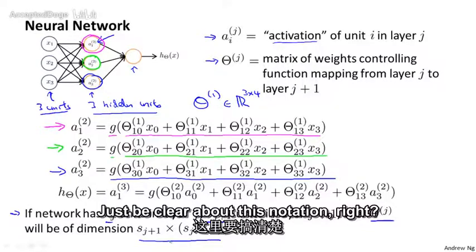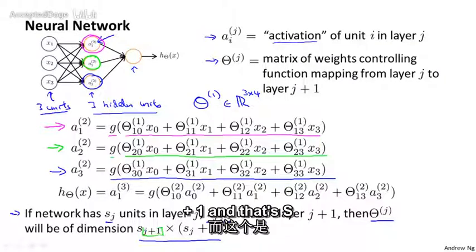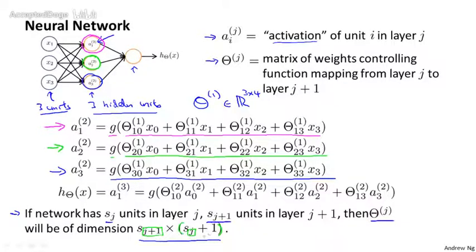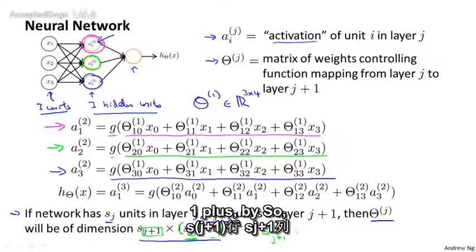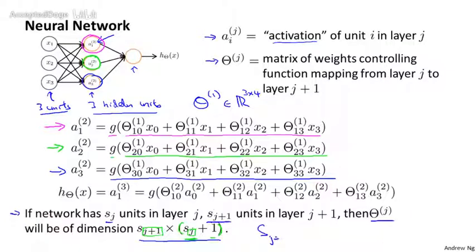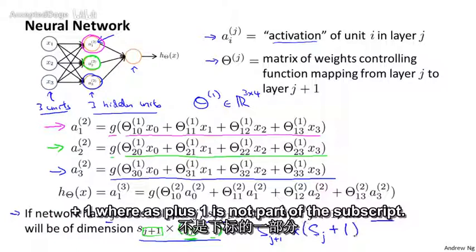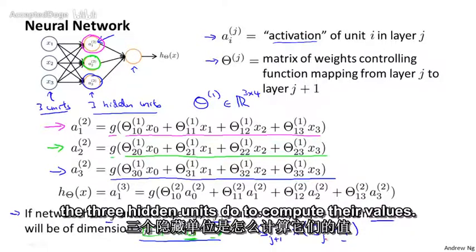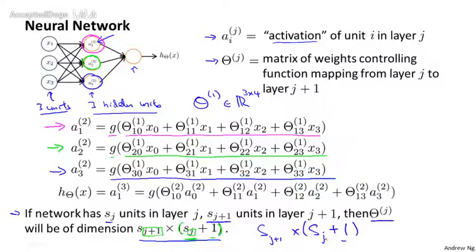Just to be clear about this notation, this is s subscript j+1, and that's s subscript j, and then this whole thing plus 1, where this plus 1 is not part of the subscript. Okay, so we've talked about what the three hidden units do to compute their values.